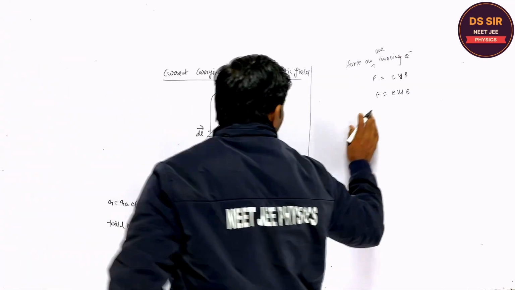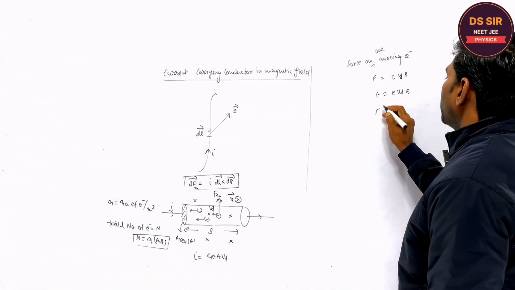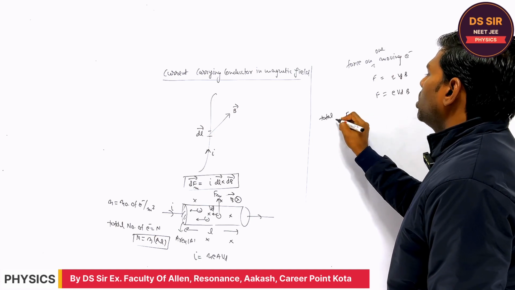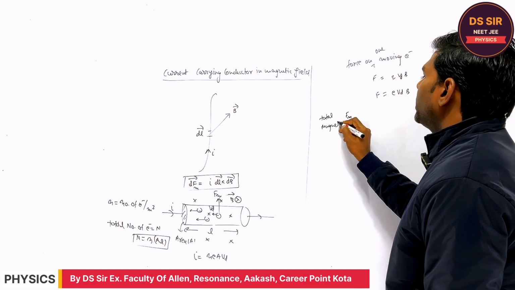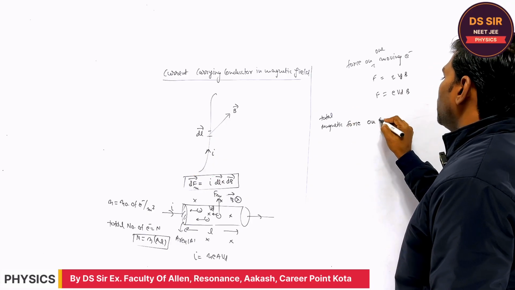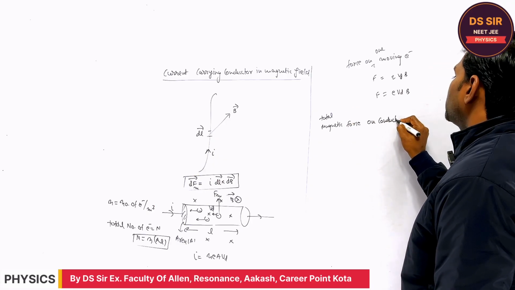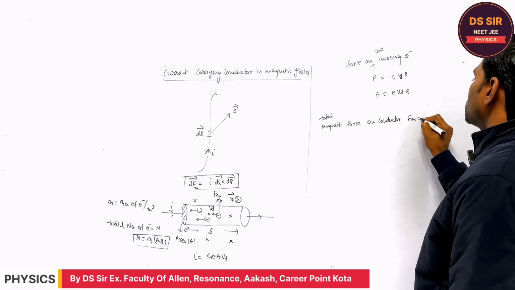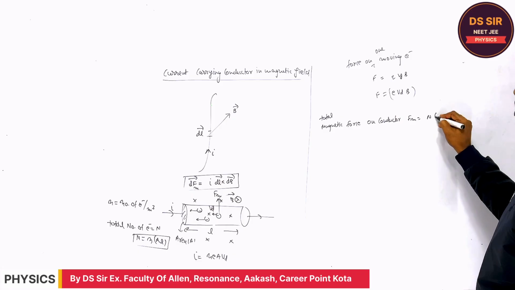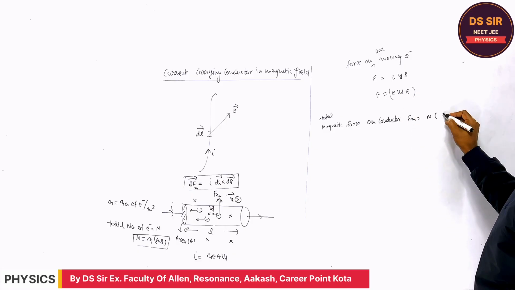Therefore the total magnetic force on the conductor will be what? This is the force on one electron, and the total number of electrons is N, so multiply by the force on one electron.